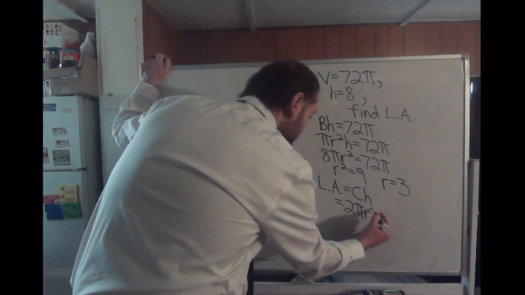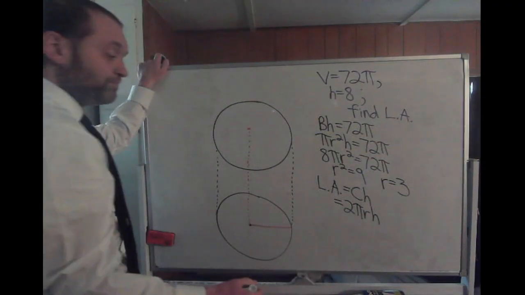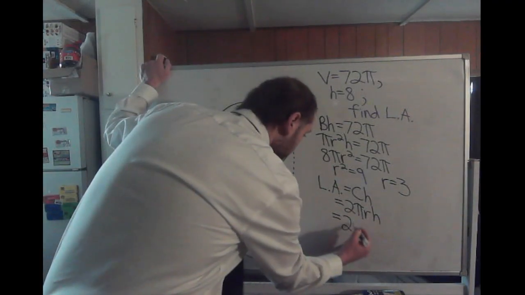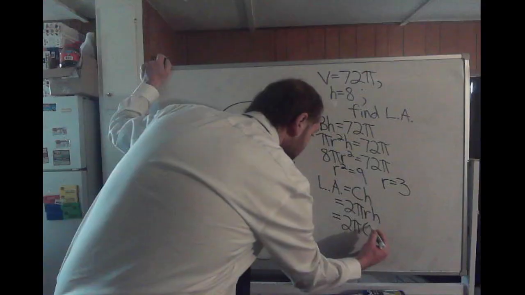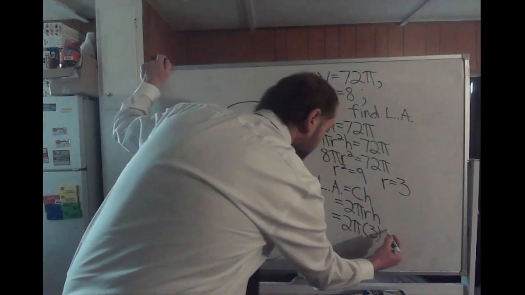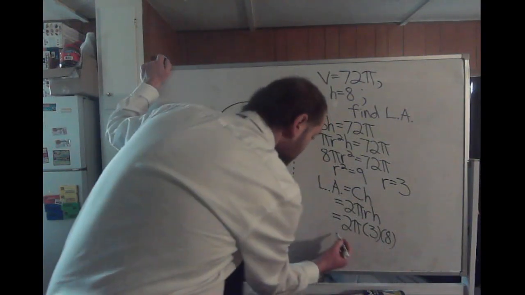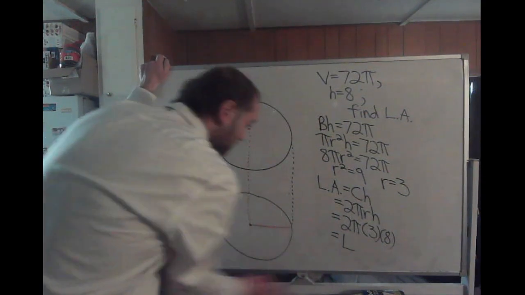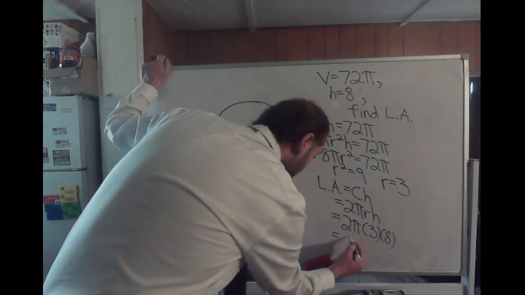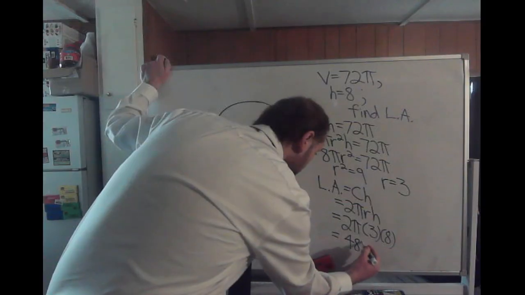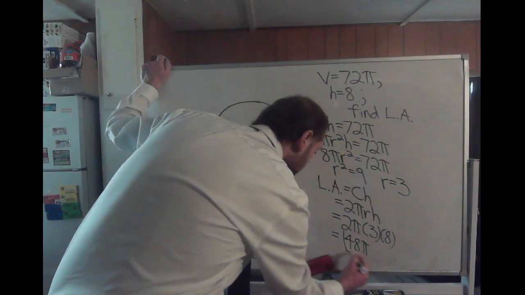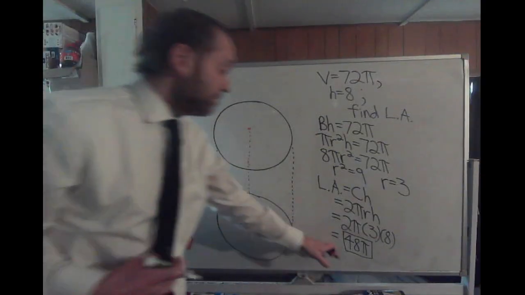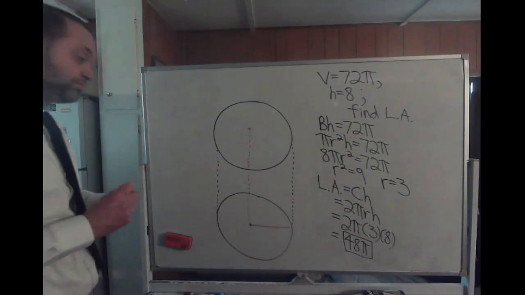You'll take that, multiply it by the height, which now will give you, of course, 2 pi times your radius of 3 times your height of 8, which would give you a lateral area of 48 pi square units. So in the end, you get a lateral area of 48 pi square units.